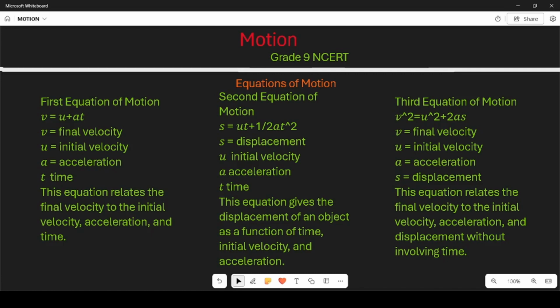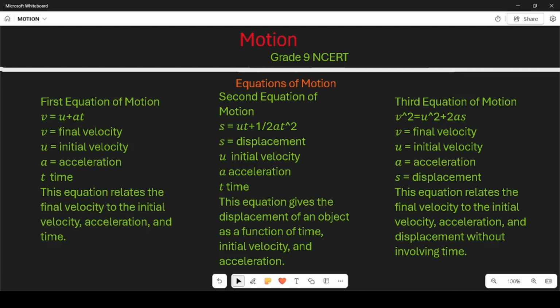The third equation is a little different from your textbook, but it still means the same. 2as equals v square minus u square is the same thing as v square equals u square plus 2as. Either way, you get the same answers.